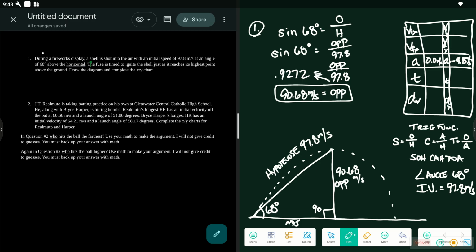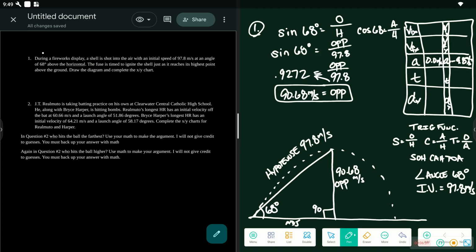You can either use the Pythagorean theorem, square both of these, and then take the square root and go from there. Or, to solve for adjacent, you can just do cosine of 68 degrees, like we just did. So cosine of 68 equals adjacent over hypotenuse.